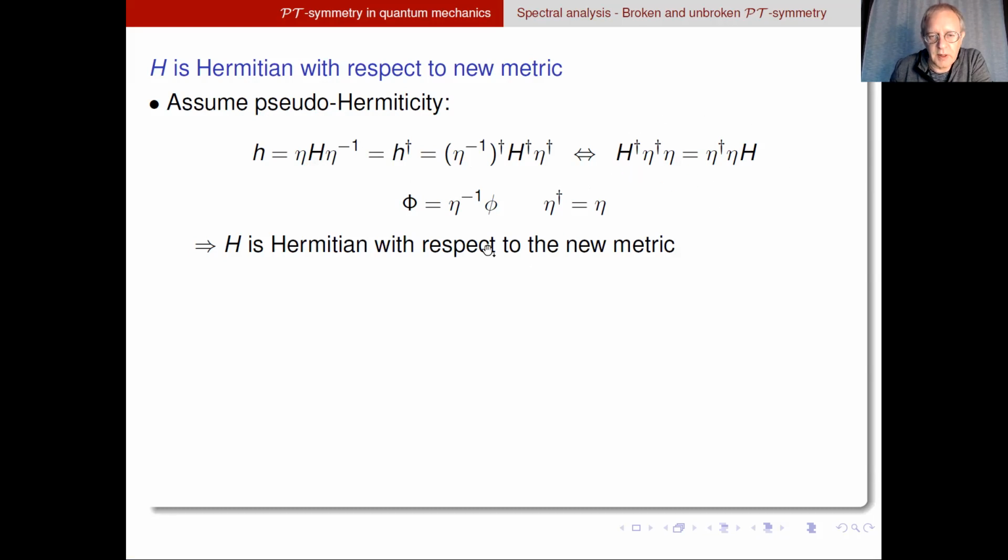And I'm also assuming that the respective wave functions, the capital phi is the eigenwave function of capital H, and the small phi is the eigenfunction of small h, are related in this way. For simplicity, though we don't have to do this, I assume that eta is Hermitian. And all I want to show now is that capital H is Hermitian with regard to a new metric.